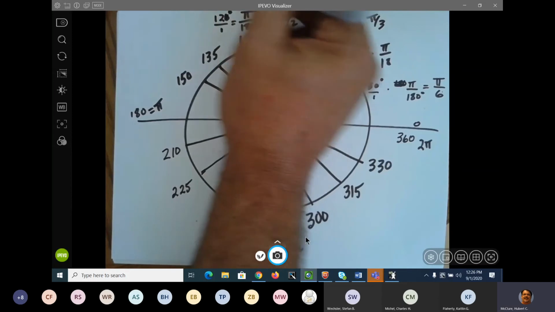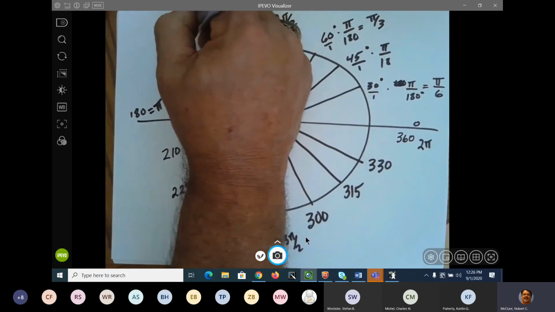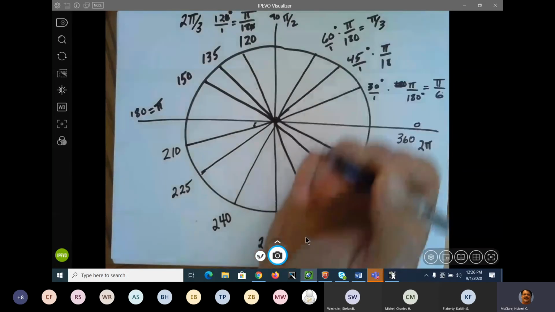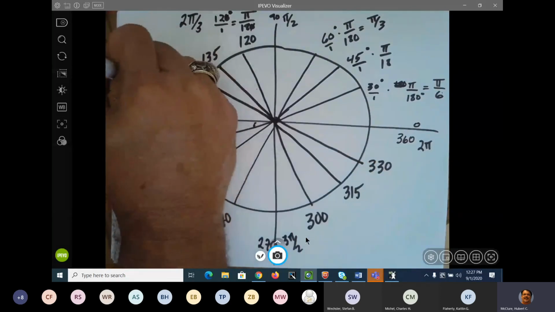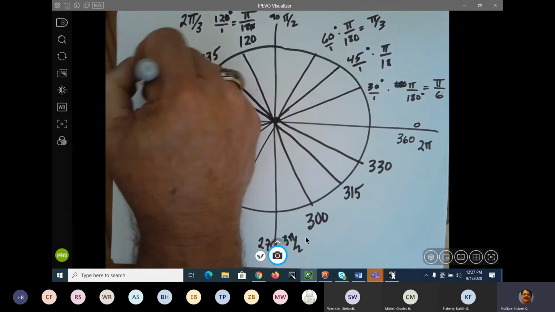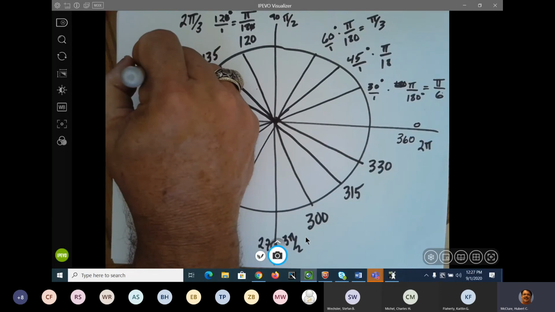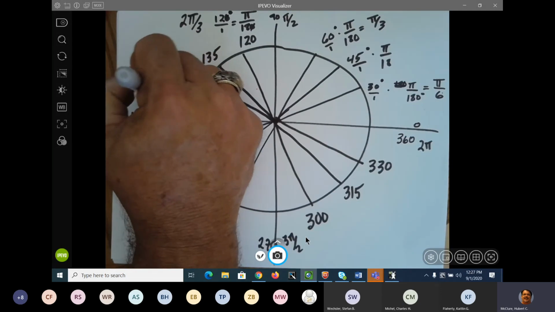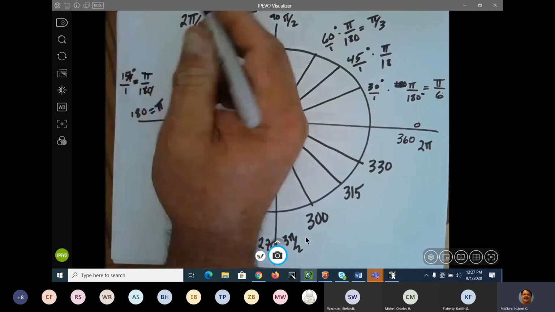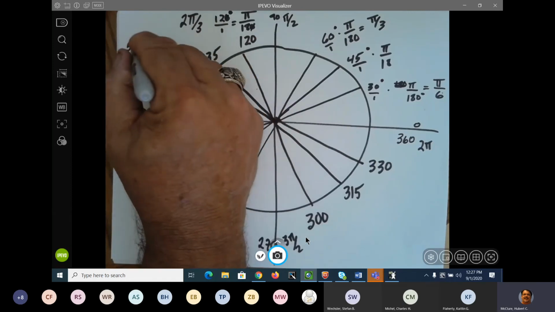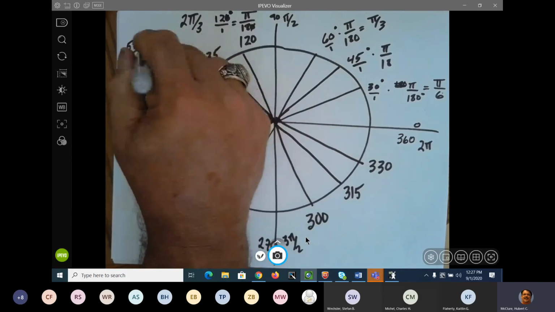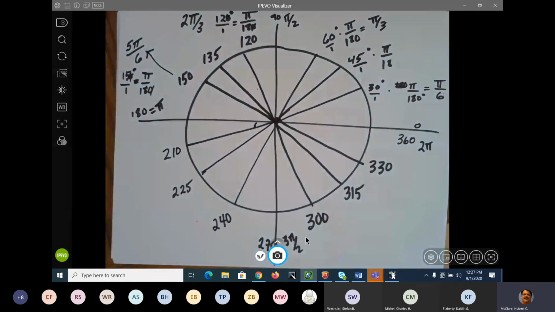So 120 is equal to 2 pi over 3. 150 over 1 multiplied by pi over 180. The zeros cancel. 3 will go in there 5 times, and 6. So 150 is equal to 5 pi over 6.